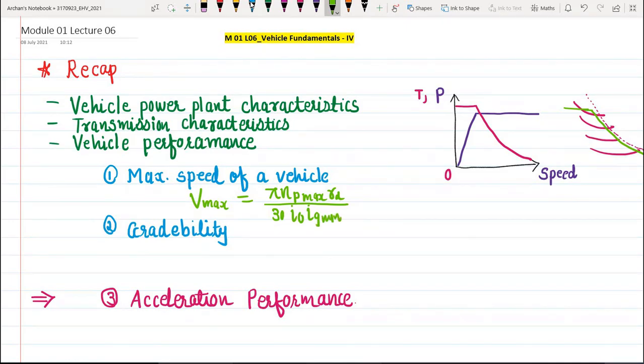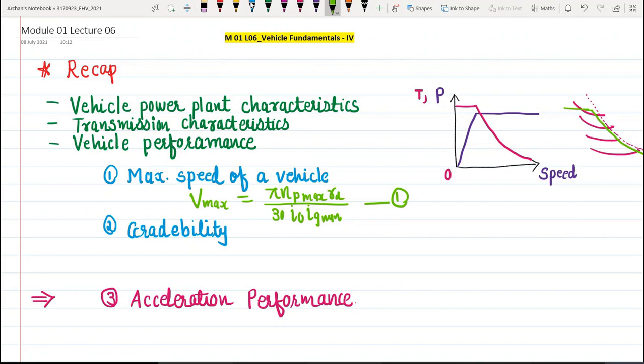Where we have seen this n_p max is the maximum speed of the engine and i_g minimum is the minimum gear ratio of the transmission, right? So that was our equation which will give us the maximum speed of a vehicle.